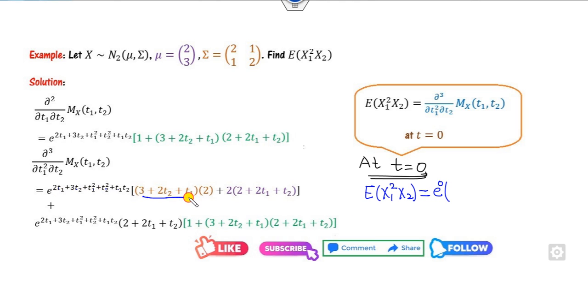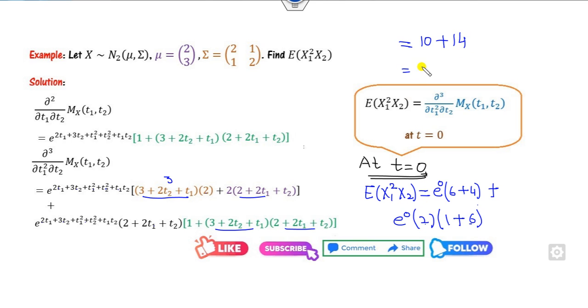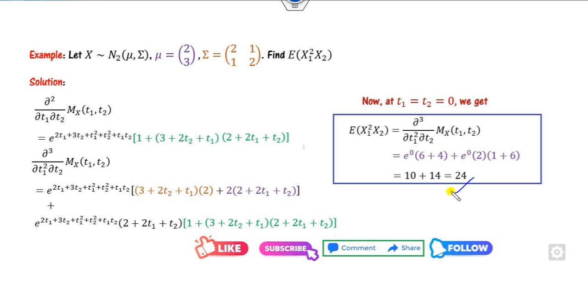This will be my 3, it is my 2, that's 6, it is my 4, plus e raised to power 0 into 2 into 1 plus 3 and 2, that's 6. So what is the answer of this? e raised to power 0 is 1 plus 7, 7 to 14. So the right answer of this problem is 24.